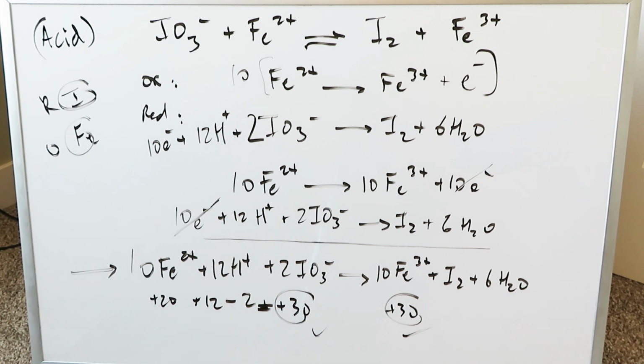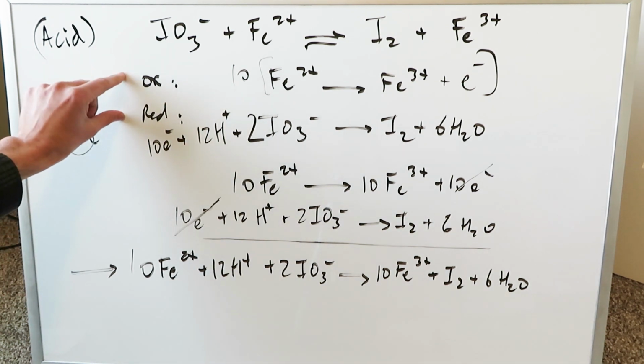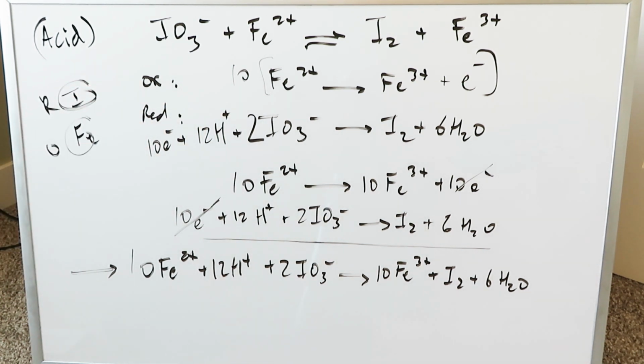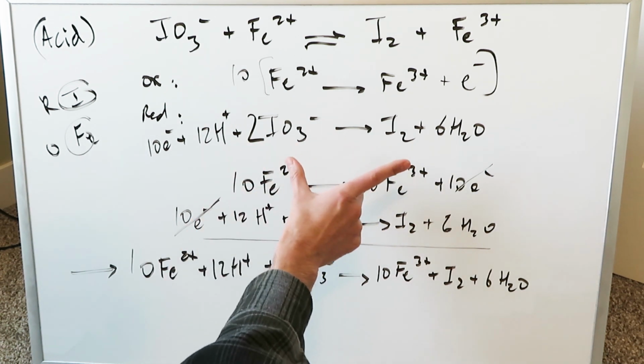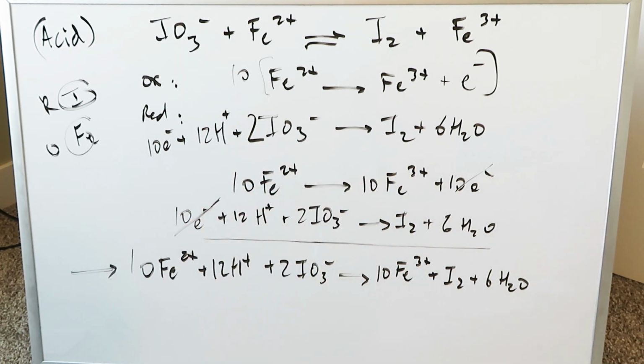And that's how you go about balancing a reaction in acid. When you're balancing a reaction in acid, in the end you should be seeing hydrogen ions. You shouldn't be seeing any hydroxide ions, and it's okay to see water molecules in your balanced reaction. Just remember this: when you separate and identify your oxidation and reduction half reactions, focus first only on balancing the non-hydrogen, non-oxygen species.